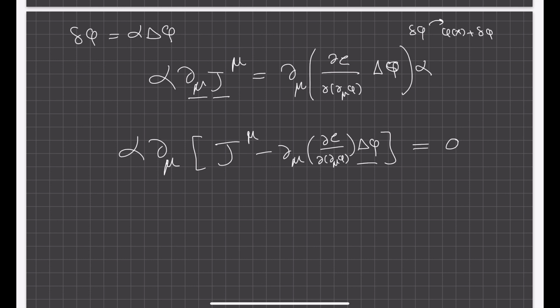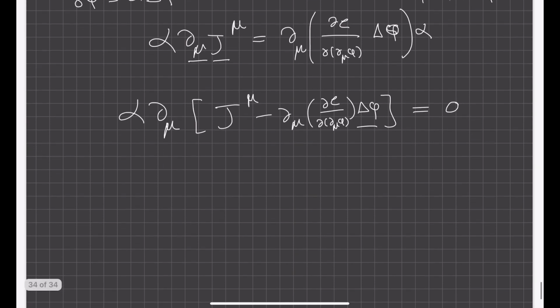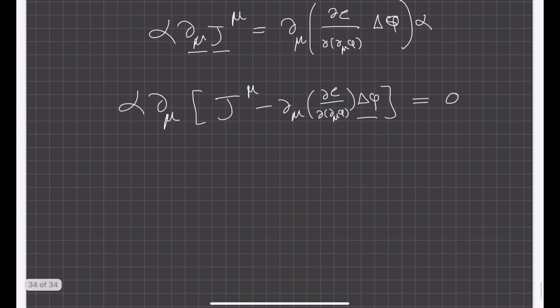This deformation is something that we define. Now we have this term, whose derivative is equal to 0, so we call this term in the parentheses j mu, the conserved current. We know the derivative of j mu is equal to 0, and that guarantees the conservation.